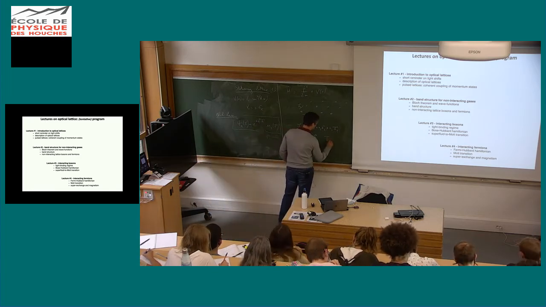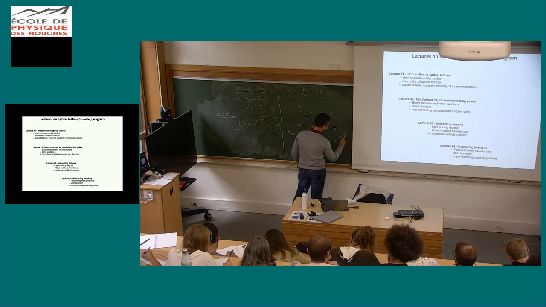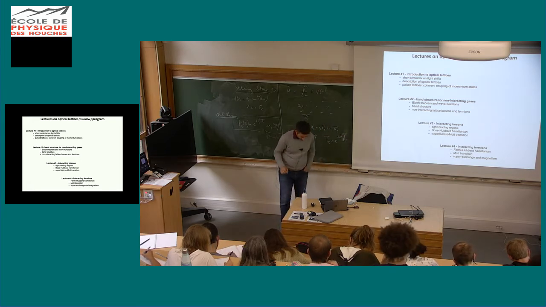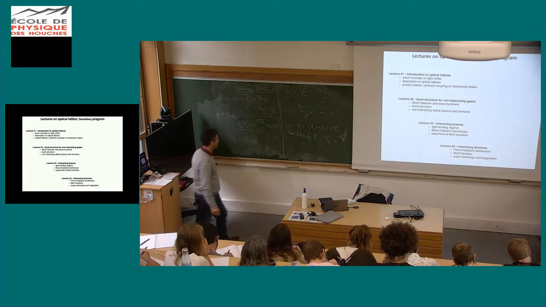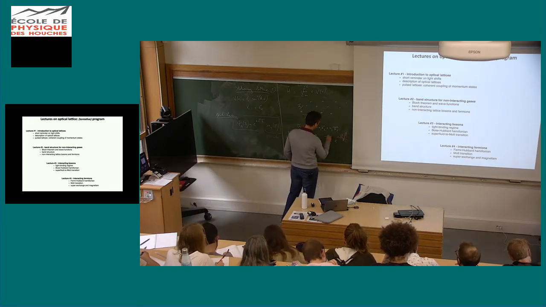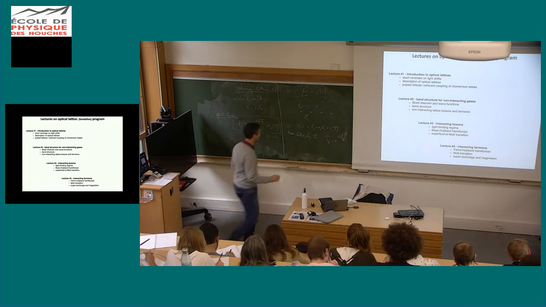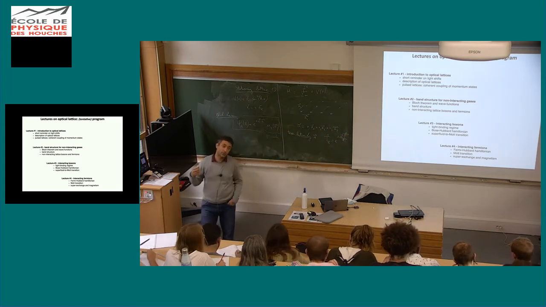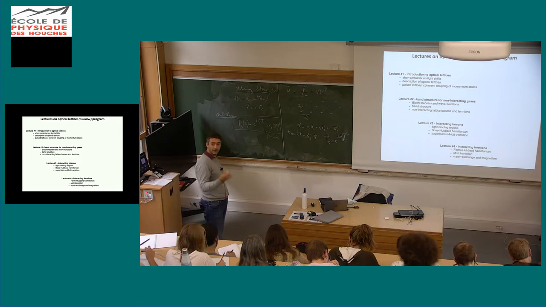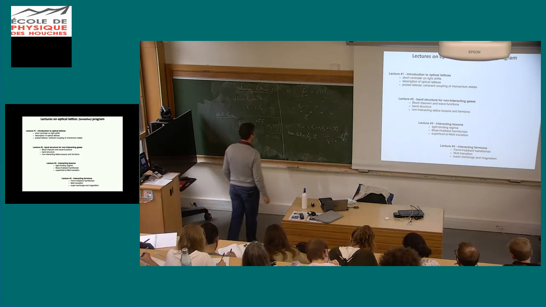So a translation by A can be written e^{iA·p/ħ}. So this is the translation operator. It's an operator with the momentum operator, and A here is just a vector. This is one operator associated with the symmetry of my crystalline structure.